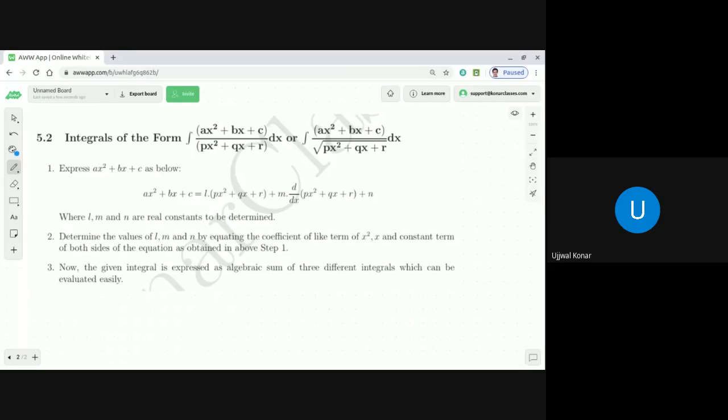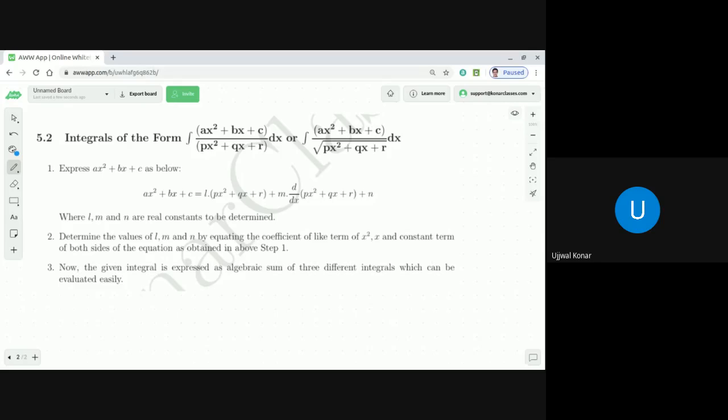So if you get an integration where the numerator is a quadratic expression and denominator is also a quadratic expression, or numerator is a quadratic expression and denominator is a square root of a quadratic expression.